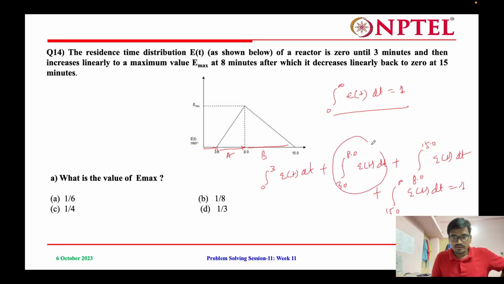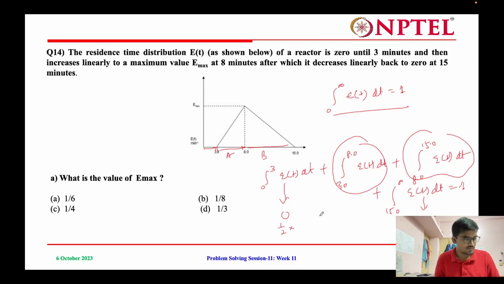Now this is the area of triangle A and this is the area of triangle B. This one is 0, this one is 0, right? So the area of the triangle is 1 by 2 into base, 8 minus 3, into E max, that is base into height, plus 1 by 2 into 15 minus 8 into E max, equal to 1.